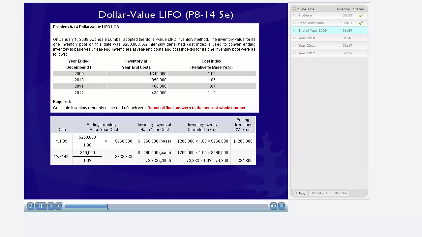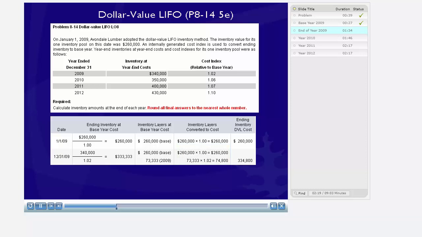So the inventory layer is converted to cost. We multiply the original inventory layer of $260,000 times a cost index of 1.0, and then we add to it the $73,333 inventory layer at the base year cost, and we multiply that times the cost index for 2009 of 1.02.